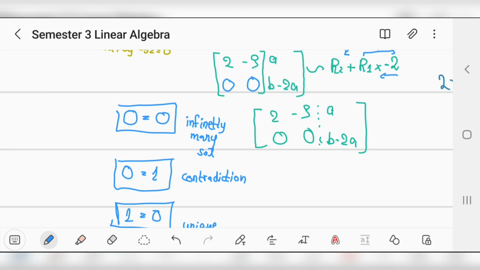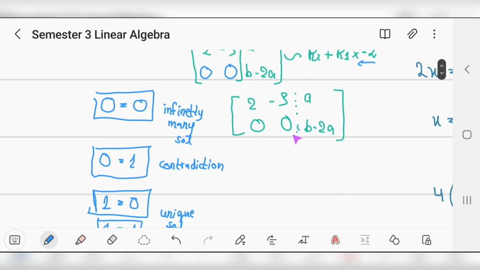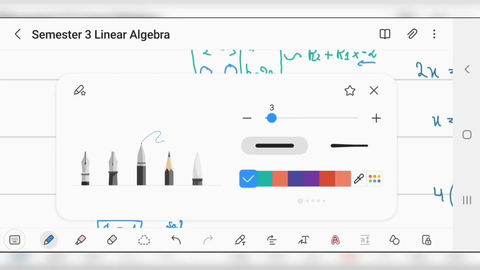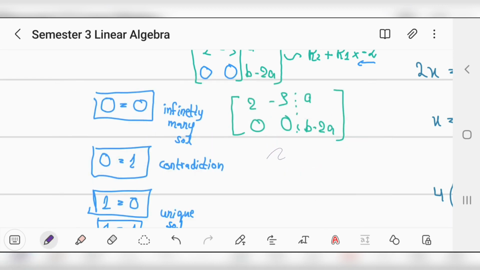So right now, if this whole thing is 0, then it is infinitely many solutions. How to make it 0? It could be possible only if I make this equal to 0: b minus 2a equals 0, so 2a equals b, and a upon b is 1 upon 2.